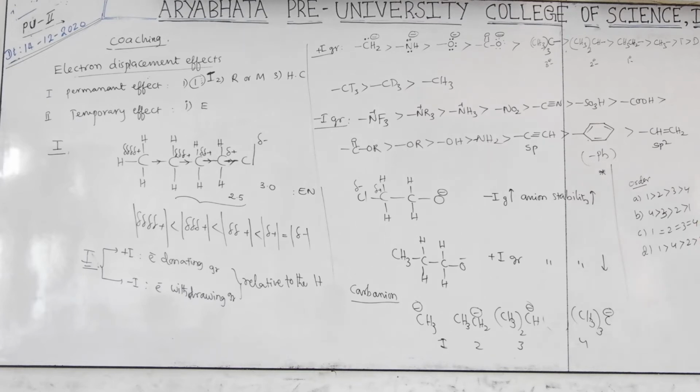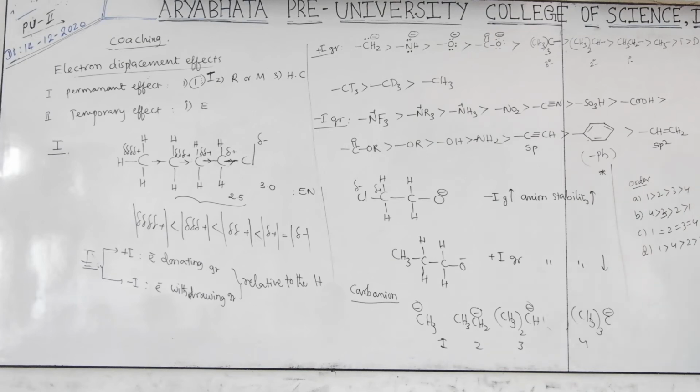Now the question is, which of the following is the correct order of increasing stability of carbanion?